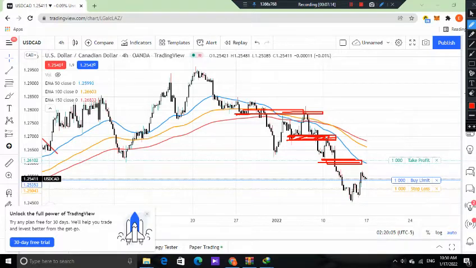Bears are stronger than bulls because they didn't let bulls push the price and reverse it at least at this area, at this level. But if it, for example, went above this level and crossed it, you can conclude that okay, they're getting strong, and you can expect some change in direction of the price.